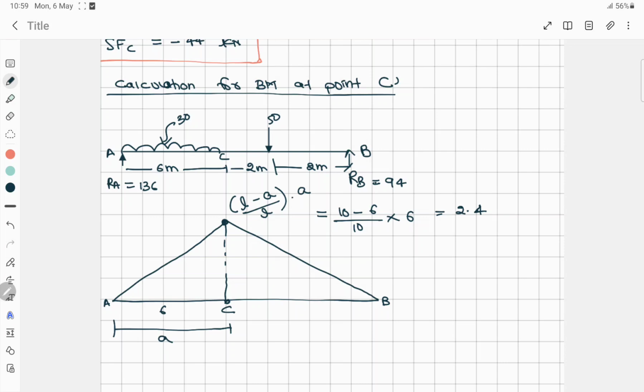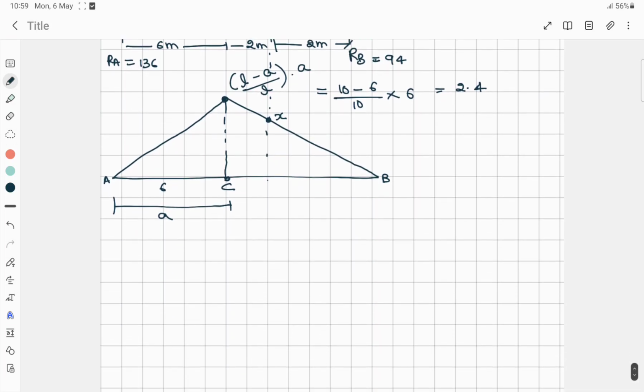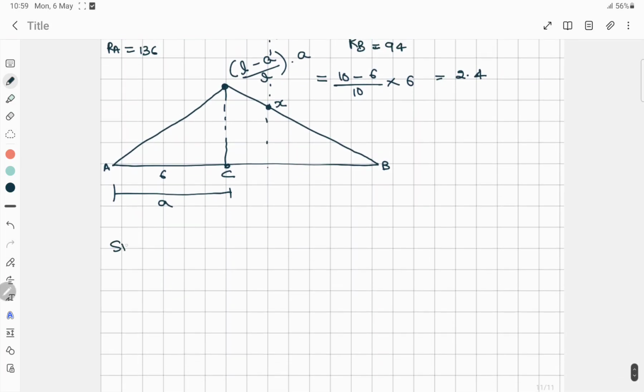Okay, so now we have a value. Now here for the point load we have to draw the projection here and this point. Let's assume it as X. So we have to find the X value. Again we have to apply the similar triangle formula. From the similar triangle we can find the value of x.